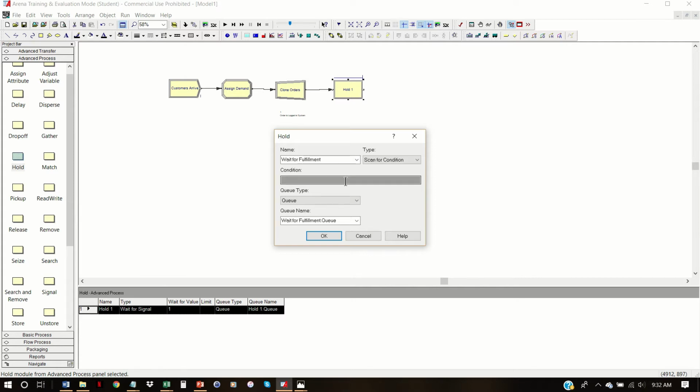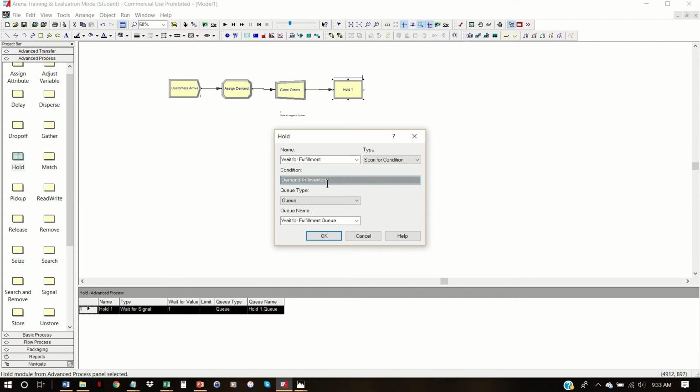So the condition that we are going to scan for is, actually we can just type it out directly. We're going to wait until demand, keep in mind this is an attribute that belongs to each entity, is less than or equal to the current inventory level. Sorry, other way around.